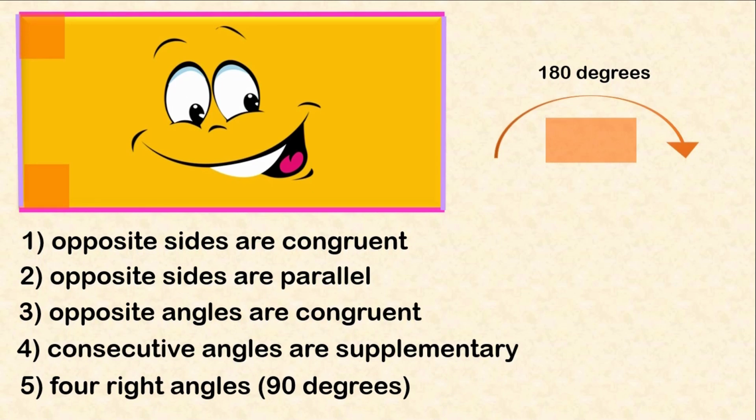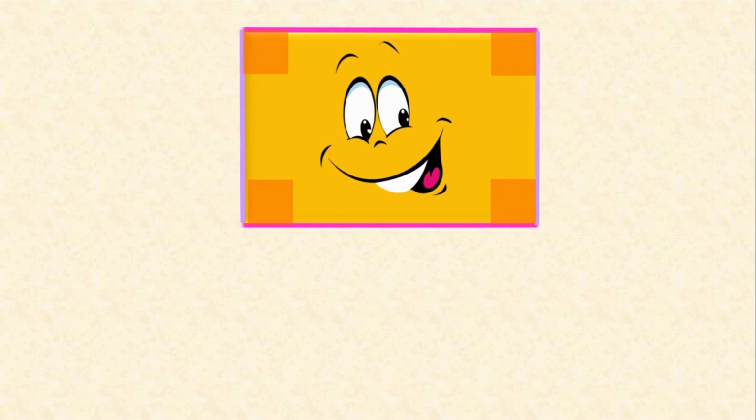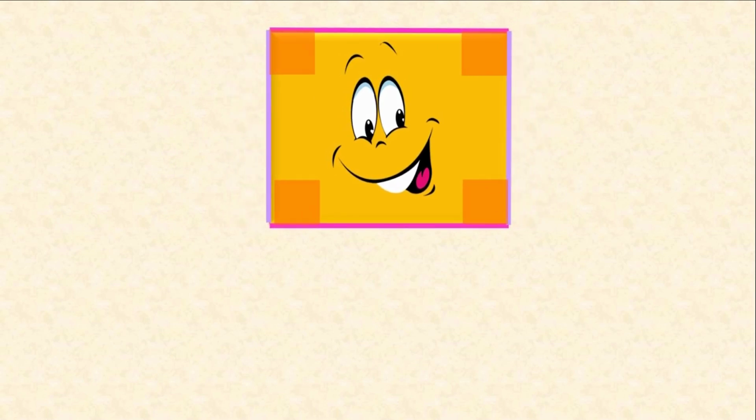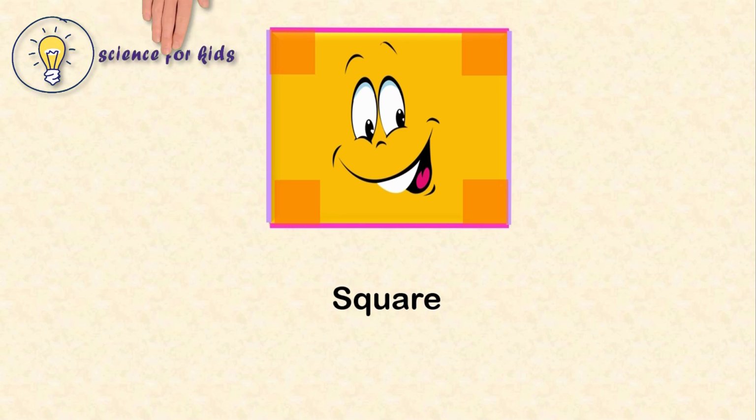Even so, Mr. Rectangle has a daughter. We can create her by making the longer sides of the rectangle shorter until all sides of it become equal. She's called a square. A square is the daughter of the rectangle and the granddaughter of the parallelogram.